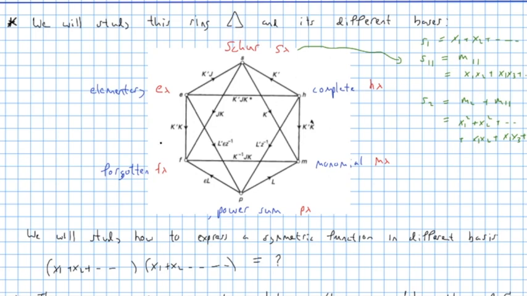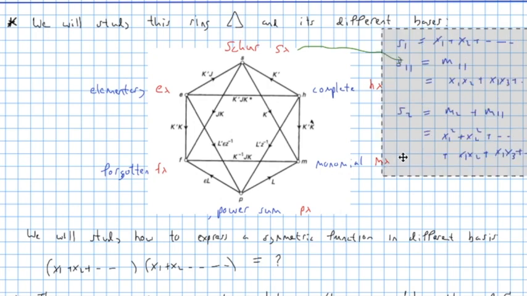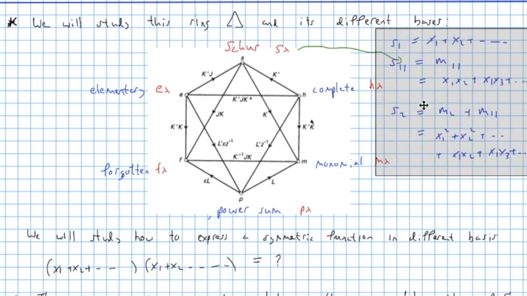Imagine we saw that x1 plus x2 and so on is symmetric. Imagine I take two copies of this, so the sum squared. How do I write it in different bases? For example, how do I write it in the Schur functions? That's kind of hard because I haven't explained what a Schur function is. But if we postpone this, you might believe me that the Schur function of the partition 1, 1 is x1 x2 plus x1 x3 plus dot dot dot.